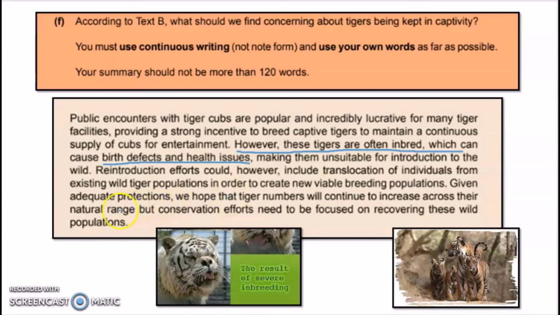Given adequate protections, we hope the tiger numbers will continue to increase across their natural range, but conservation efforts need to be focused. This point is important: this is not happening, so we need it to be done. Conservation efforts mean restoring their natural habitat and need to be focused on recovering these wild populations.